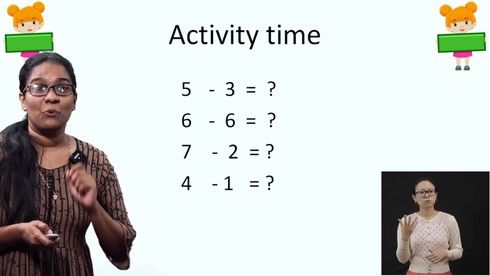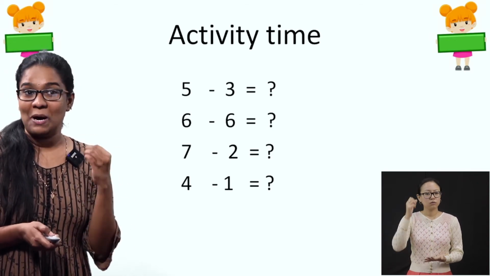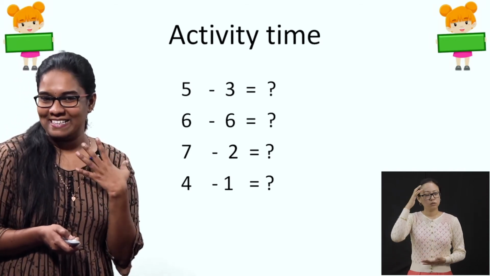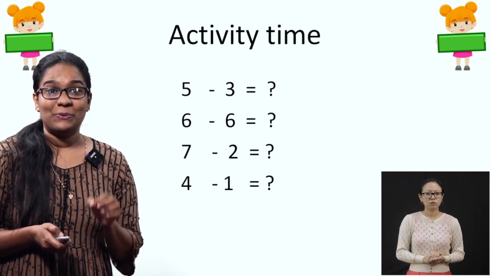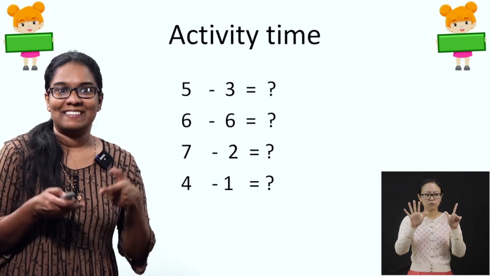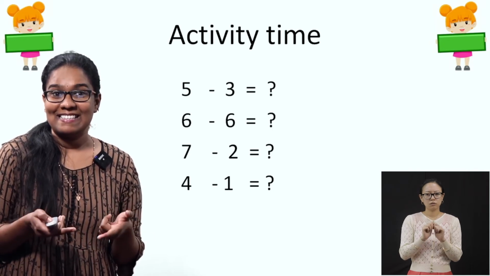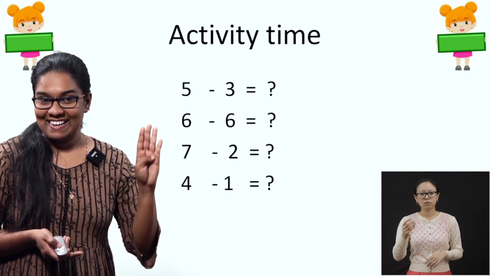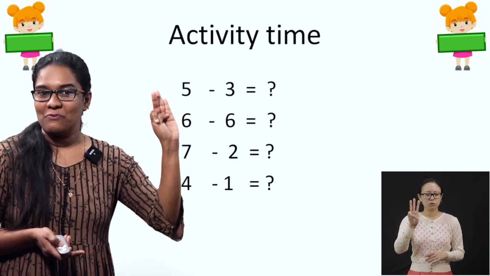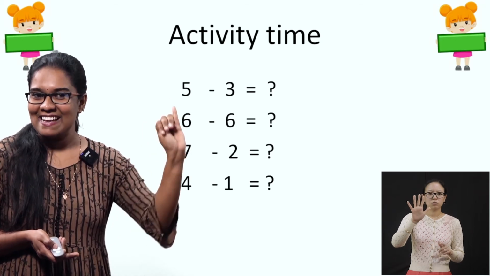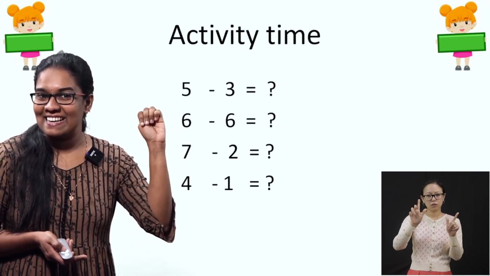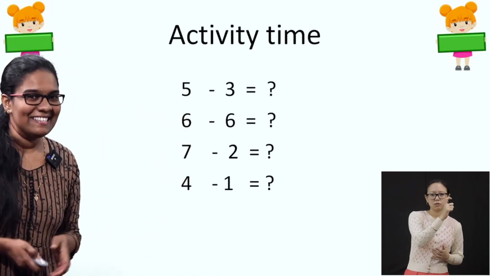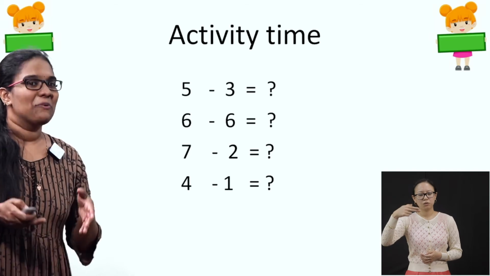First you keep the bigger number in your mind. Now 7 is in our mind. Then we are going to start counting from 3 because 3 is the next number. Then 3, 4, 5, 6, 7. Then what is the answer? Yes, 5. That is 7 minus 2 is equal to 5.